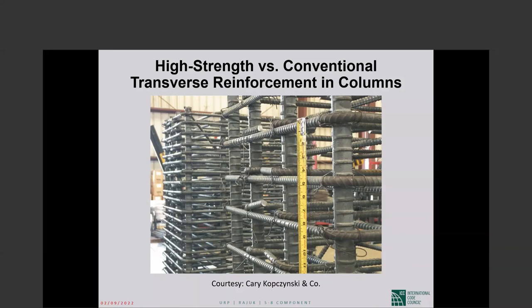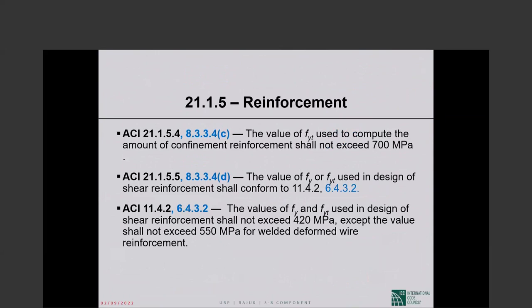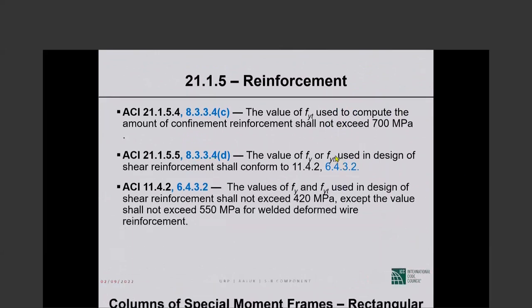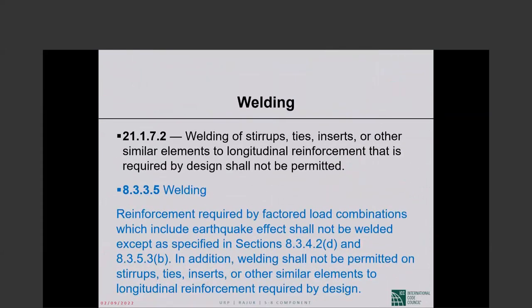Okay, so there is a whole lot to be gained by using high strength transverse reinforcement in terms of the placeability of the concrete, the behavior of the member, and so forth. So anyway, I hope that you understand the importance of that relaxation that was introduced in 2008.